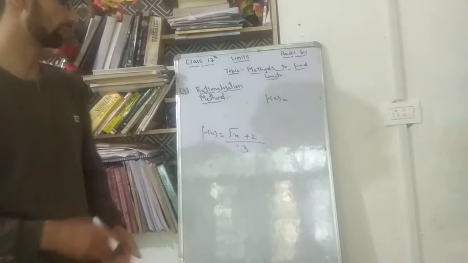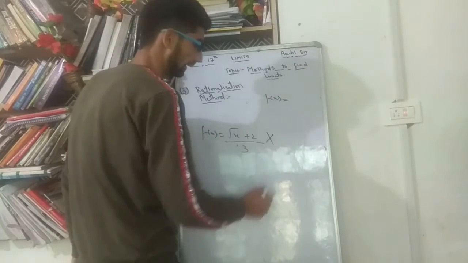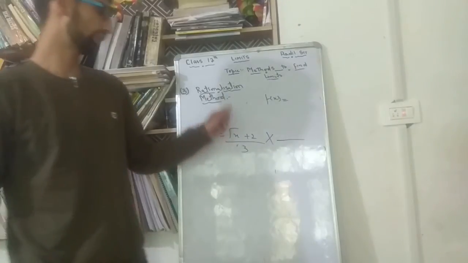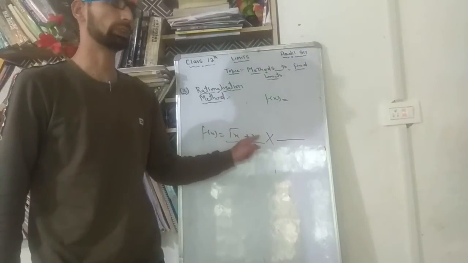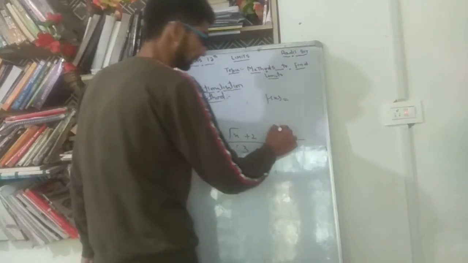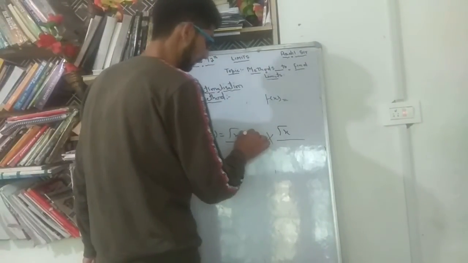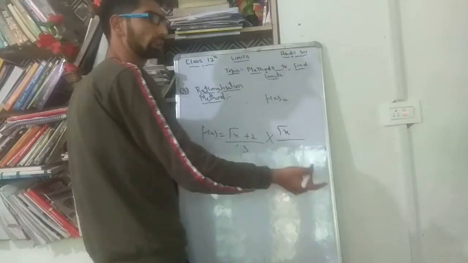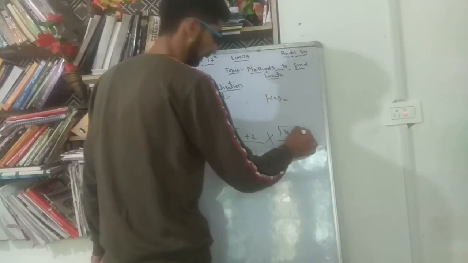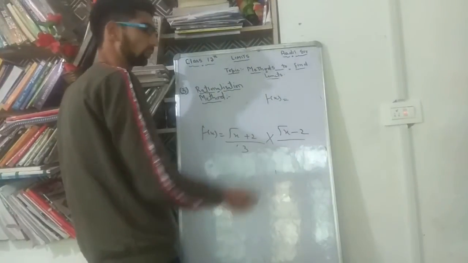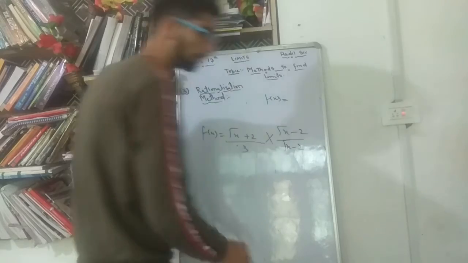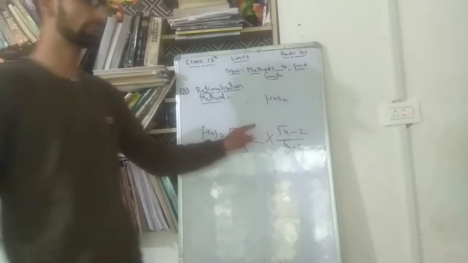You have to multiply both numerator and denominator by the conjugate of under root x plus 2, the conjugate of the numerator. The conjugate of this is under root x minus 2. The sign that comes here, in the conjugate we reverse it. If it is plus, then minus will come; if it were minus, then plus would come. This is called conjugate. You only have to change the sign, nothing else. And then under root x minus 2. This is the rationalization of this numerator.